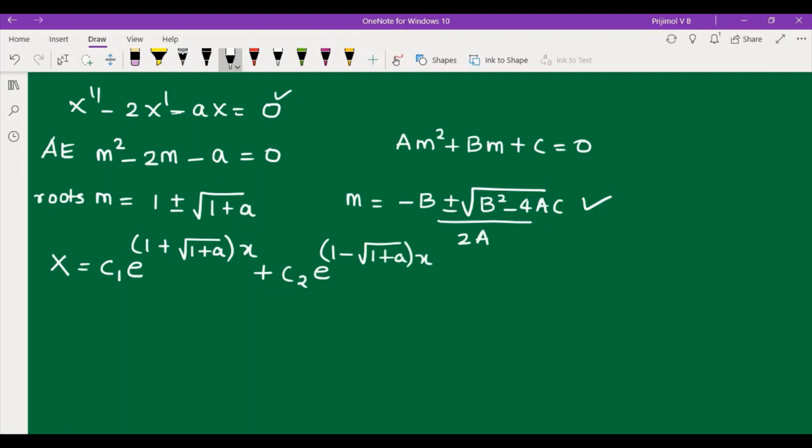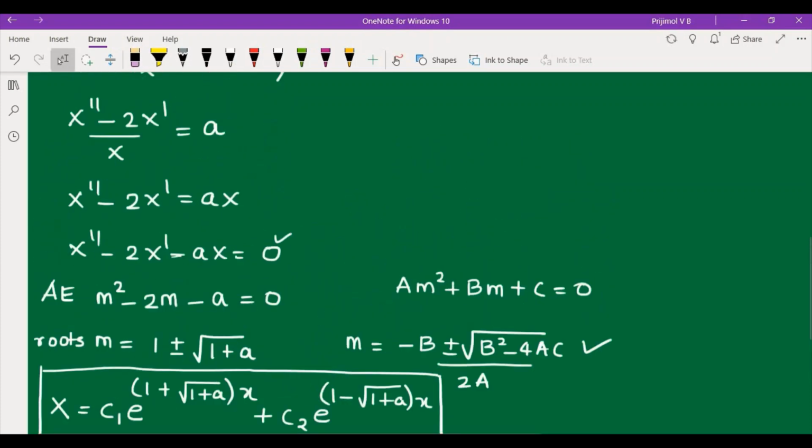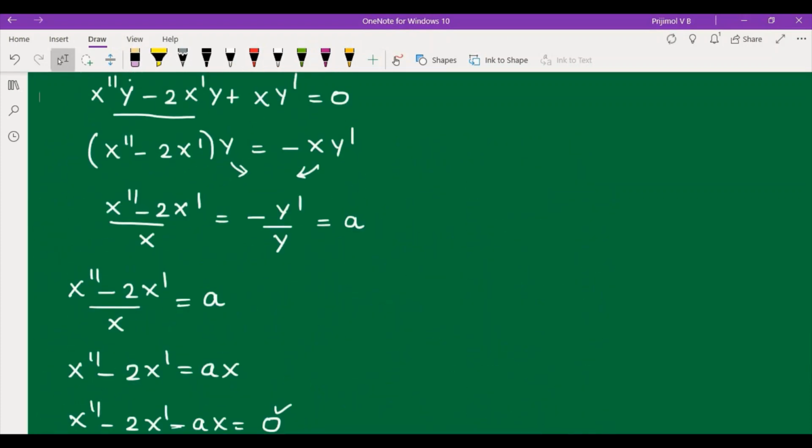Thus we have got our solution capital X in terms of small x. Now let us solve the solution capital Y in terms of small y. I have taken only these two ratios in the beginning, and now I am going to take these two ratios and solve and find the solution in terms of y.